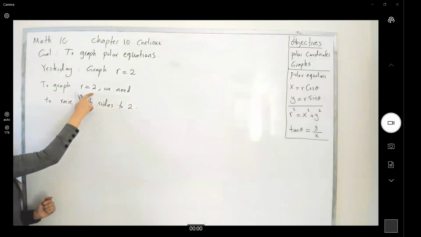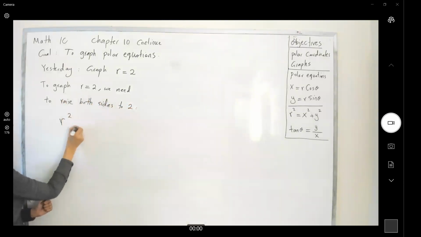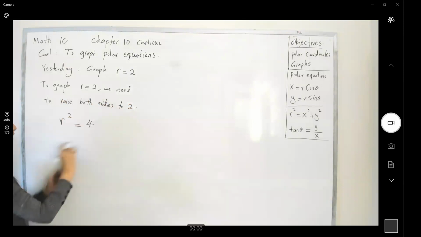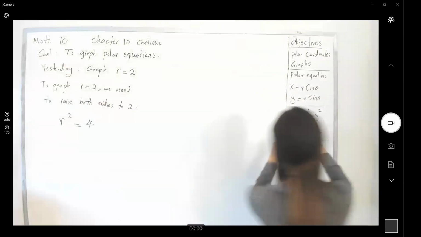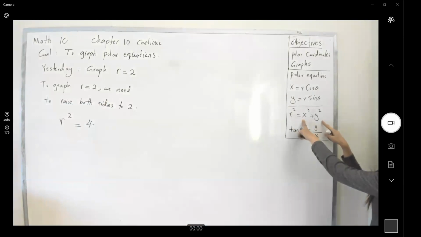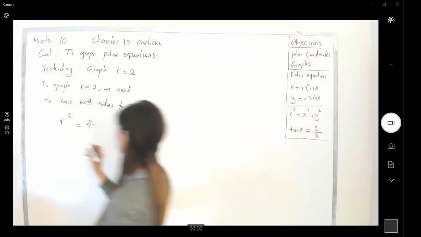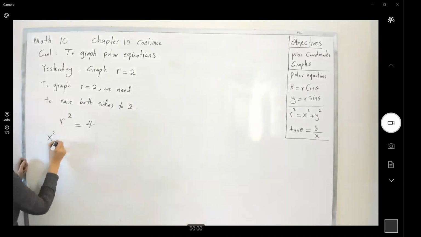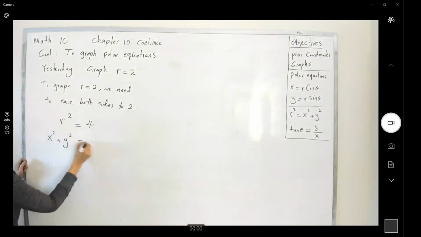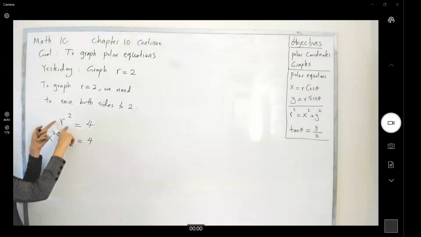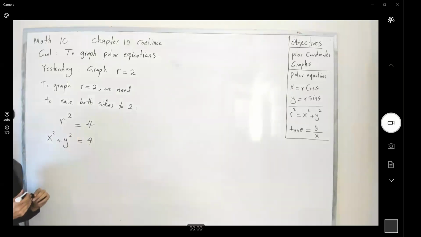You get r squared equals 4. And we already know that r squared can be written in terms of x and y, which is x squared plus y squared. So x squared plus y squared is 4. Instead of r squared, I'm using x squared plus y squared.